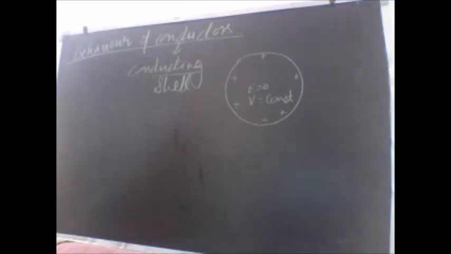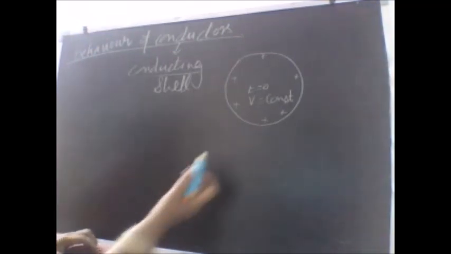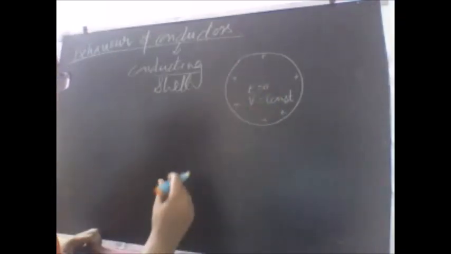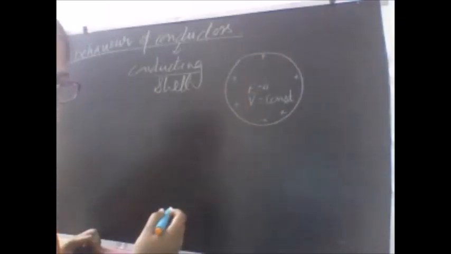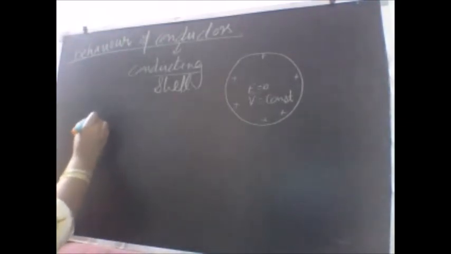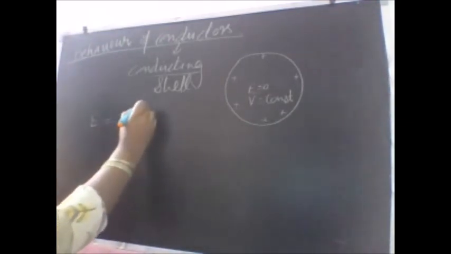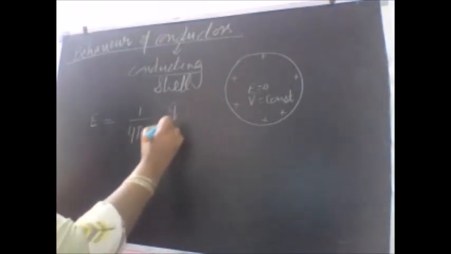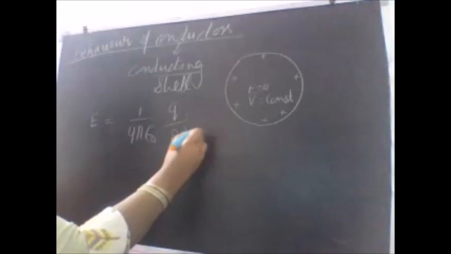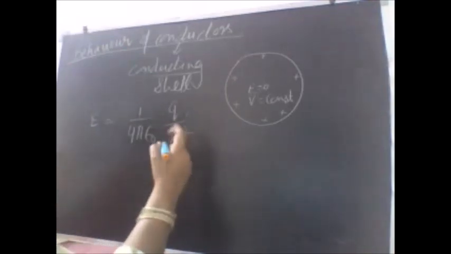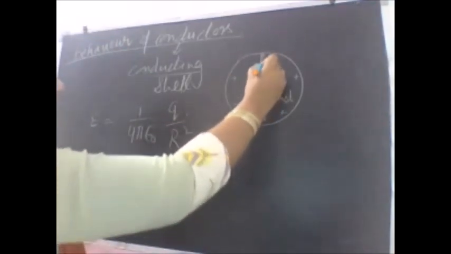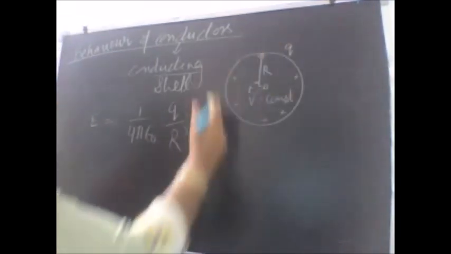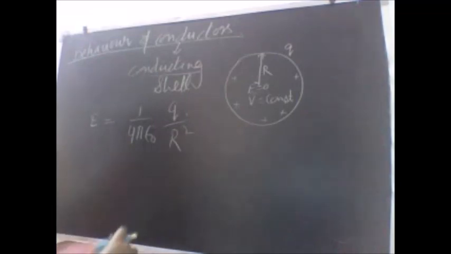Let us see the expression of the electric field at the surface. Inside, the electric field is 0, but at the surface what is the value? Let us recall that the electric field at the surface is 1 by 4 pi epsilon naught times q by r square, where r is the radius and q is the charge at the surface.